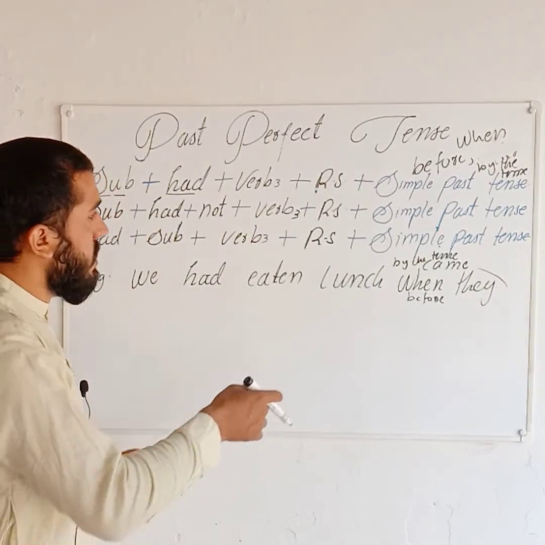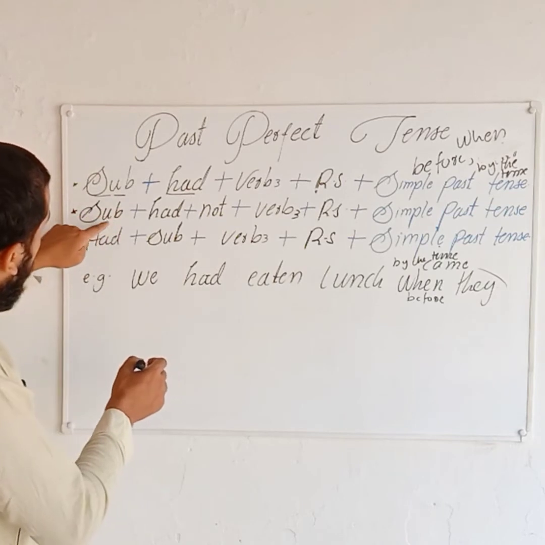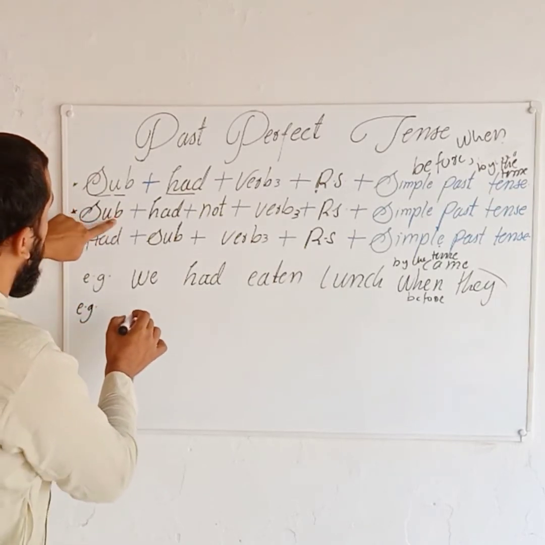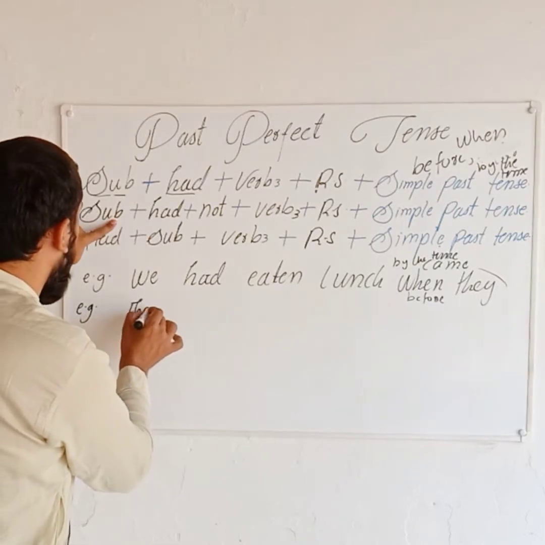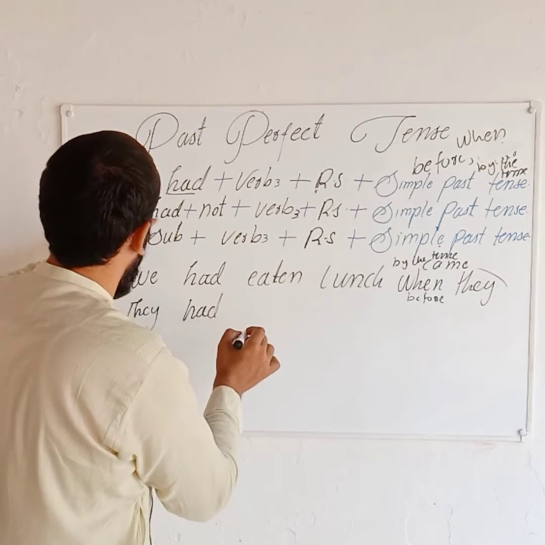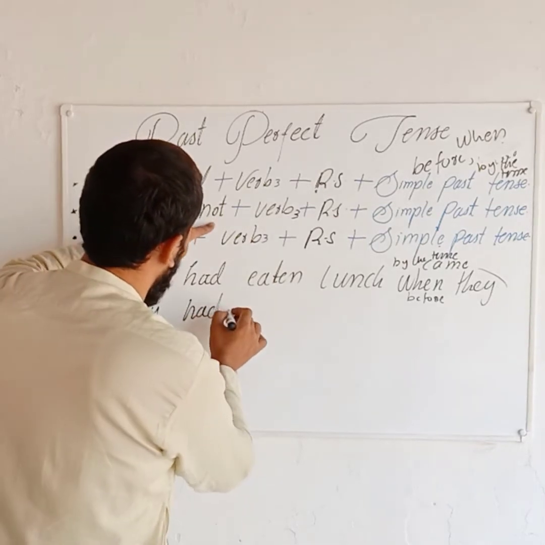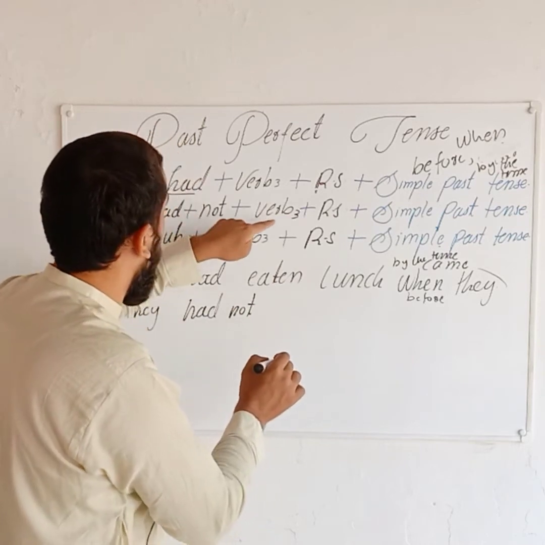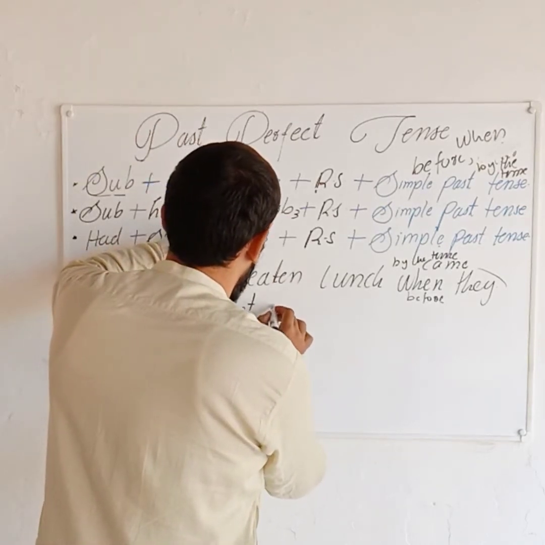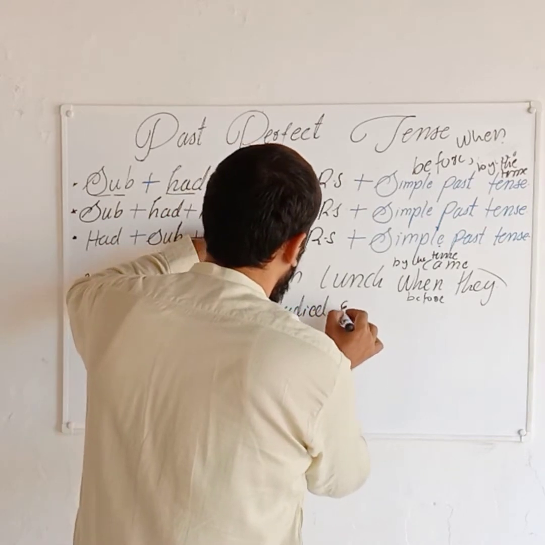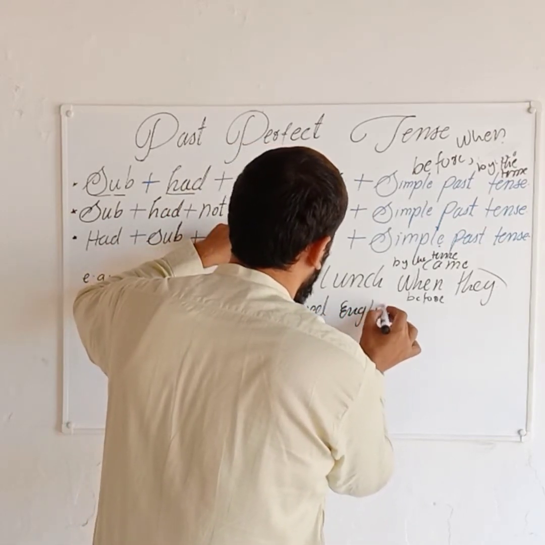This is the positive one. And if you go for the negative one, let me make another example. They had not, they hadn't or had not, they had not studied English. They had not studied English.